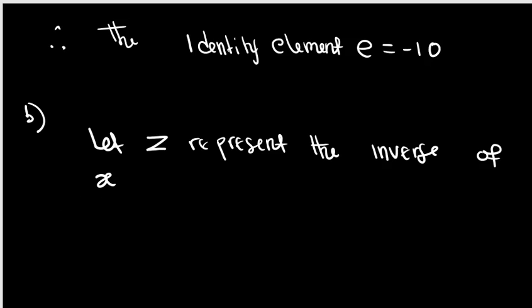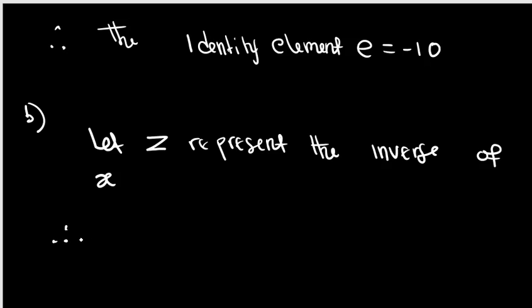Per the basic definition, an element operating on its inverse gives us the identity element. I say it again: an element operating on its inverse gives us the identity element.